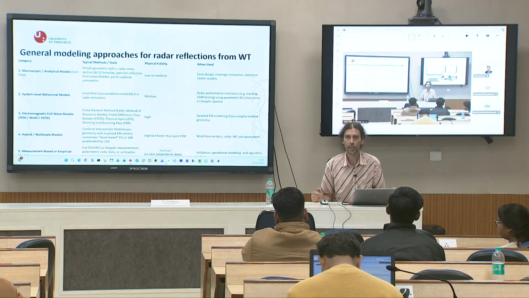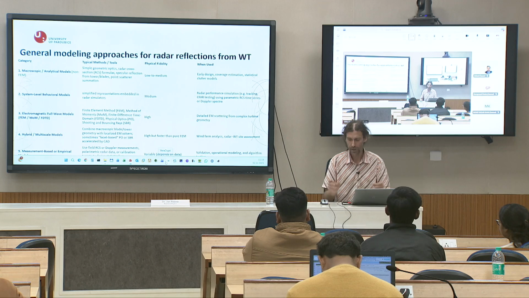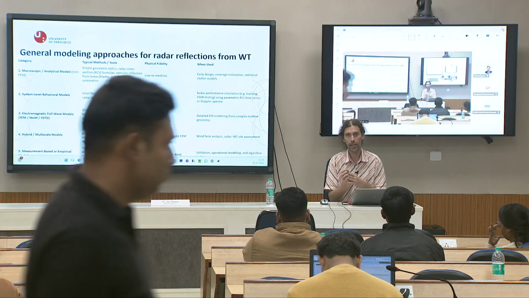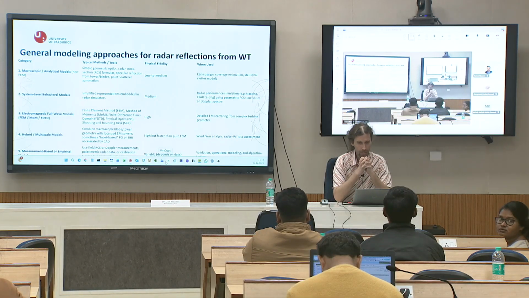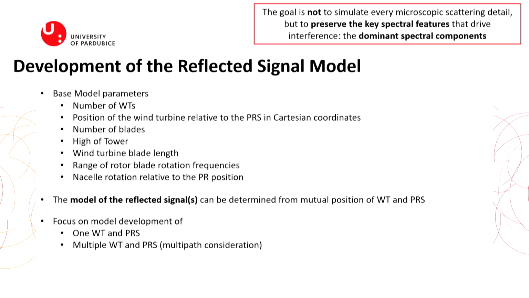It will be a matrix of values only in a specific environment. So we want to do it like this, but it is the future. I will talk about it in lecture 8. So that is the general modeling approaches for radar reflection from a wind turbine.